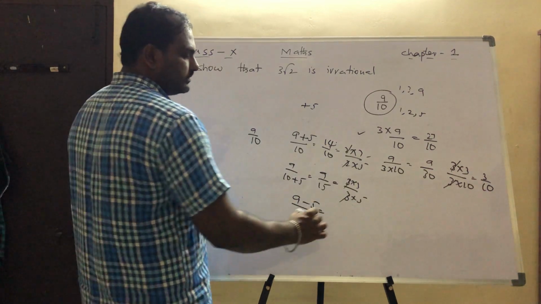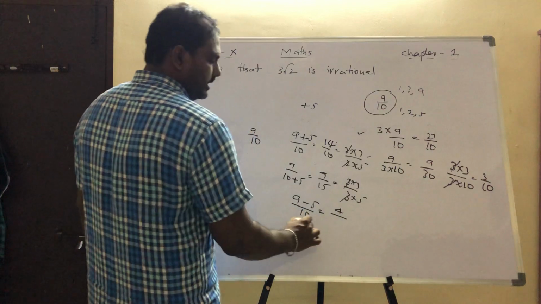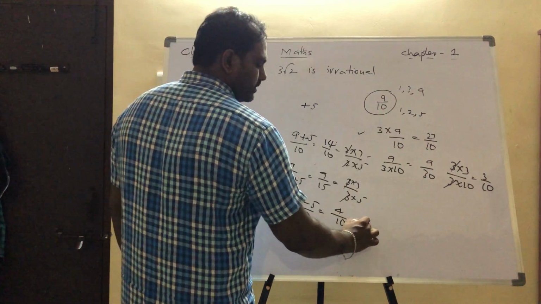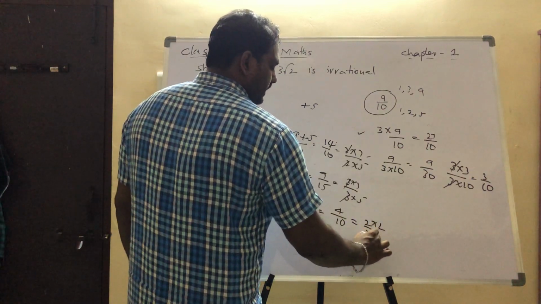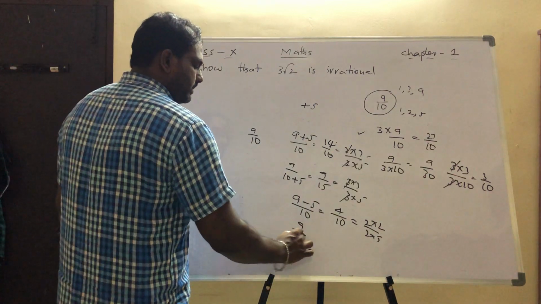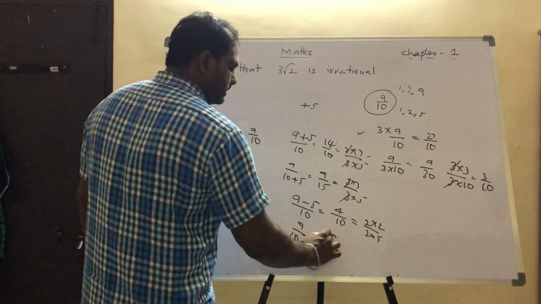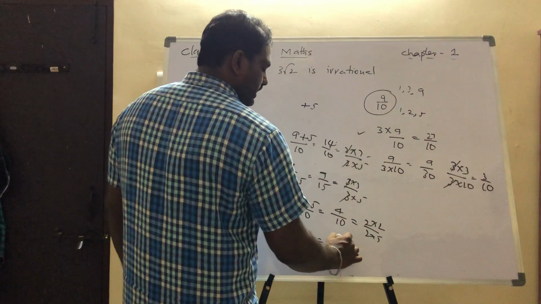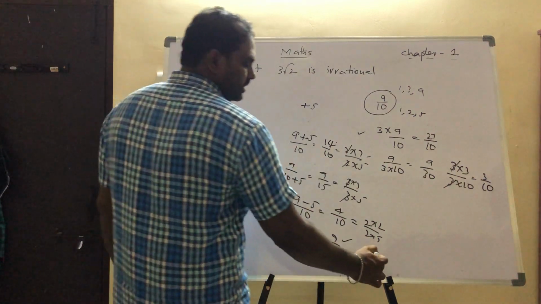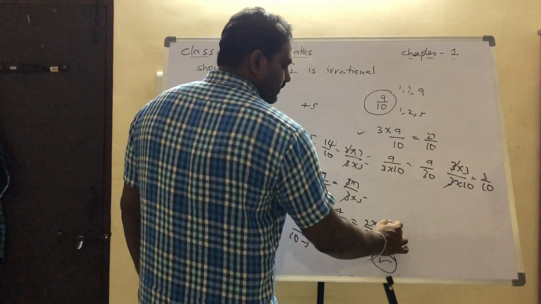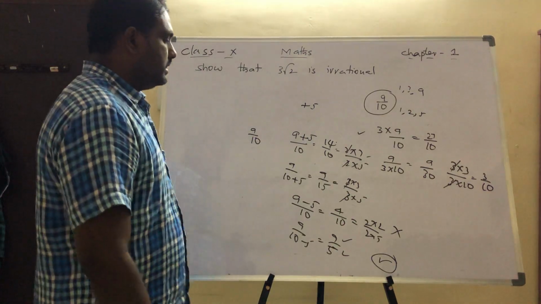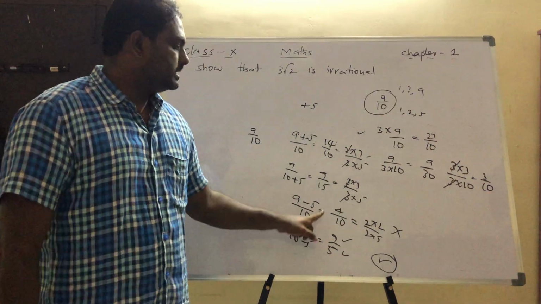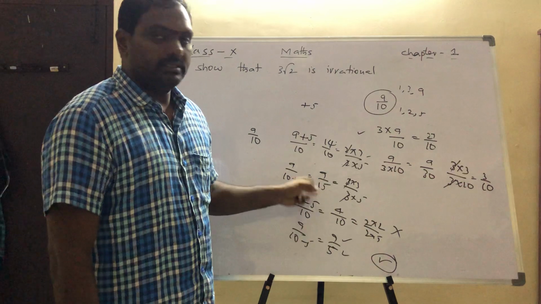What is 9 minus 5? 4 by 10. Has it changed or not? 2 twos are 4, 2 fives are 10. Suppose 9 by 10 minus 5. What happens? 9 by 5. Again these are co-primes. In this case also we may get or may not get. Here they remain co-primes, but in this case we got a change.